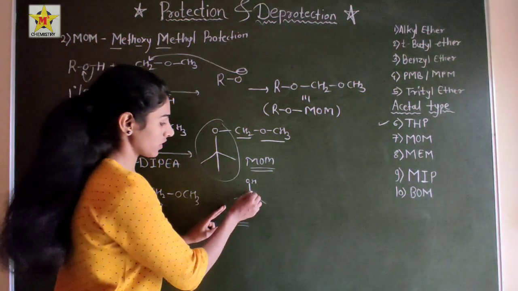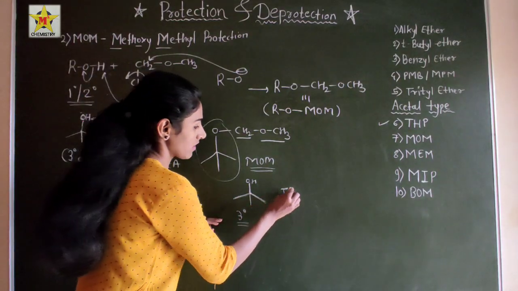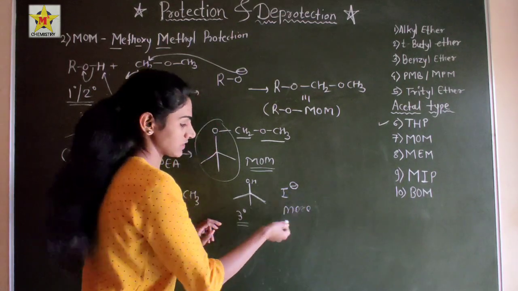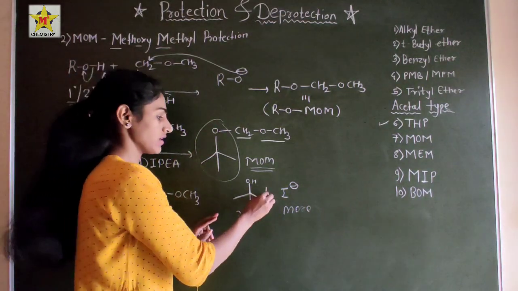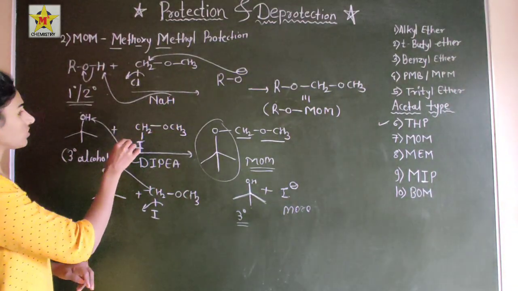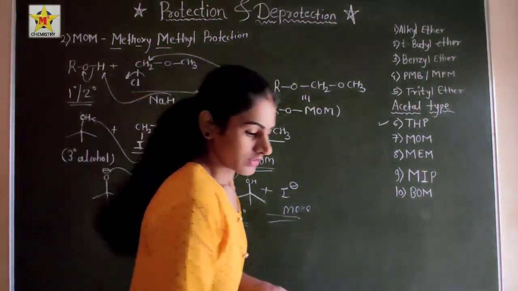Since this is tertiary alcohol, it reacts slowly, and iodine reacts more efficiently and faster than Cl. That's why we use iodine instead of chlorine.